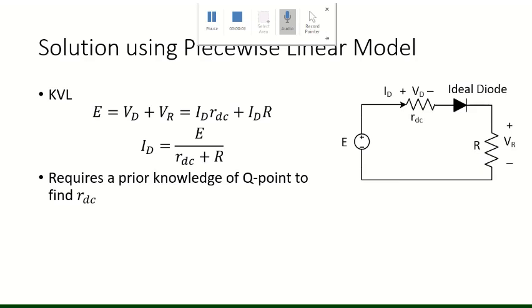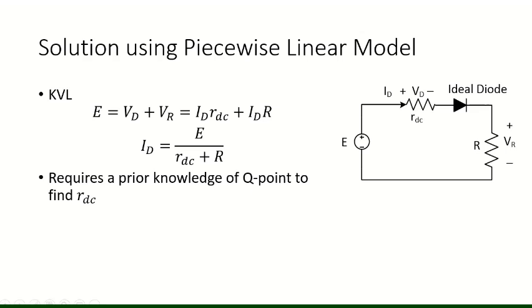Before discussing the load line analysis, which is the main topic of today's lecture, it's better to just take a review of the other three techniques. Starting from piecewise linear model, considering the circuit on the right side is the same circuit which we discussed earlier for the nonlinear model.